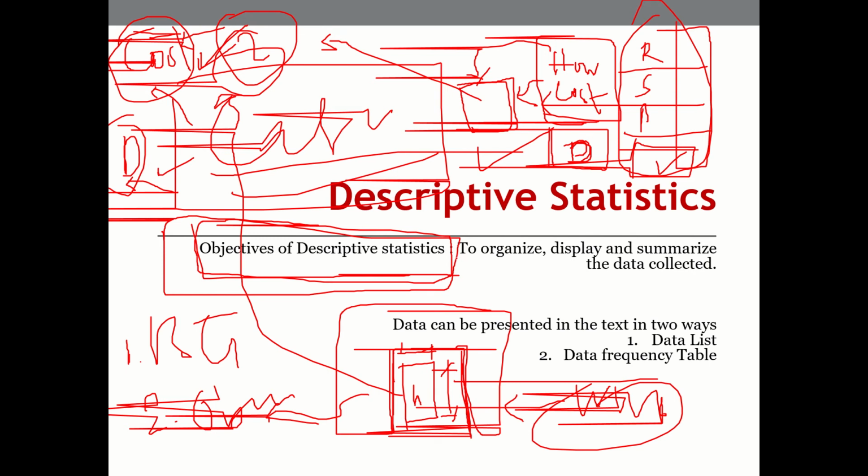What descriptive statistics will help with is to organize the data set that we collect, display the information that we collect, and summarize the data that is collected. The output of this will be termed descriptive statistics. So we organize the data set.